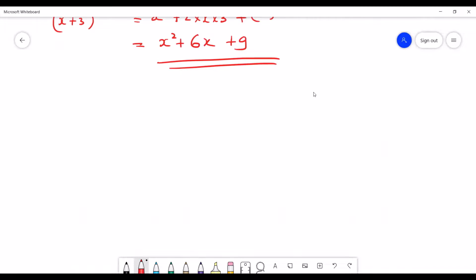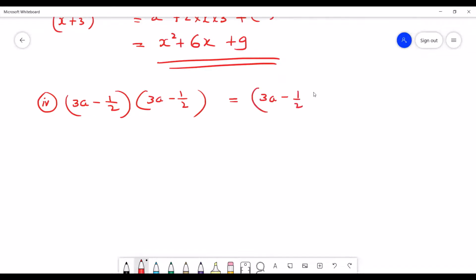I am considering here the fourth question, 3a minus half into 3a minus half. So this we can say that it is 3a minus half the whole square.